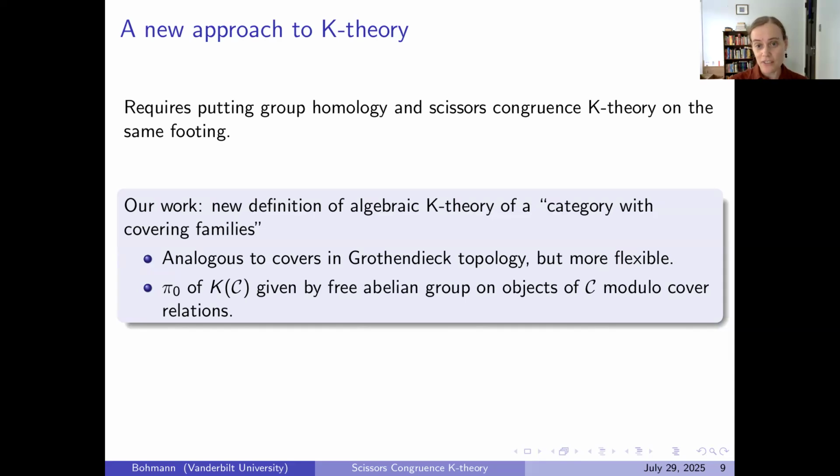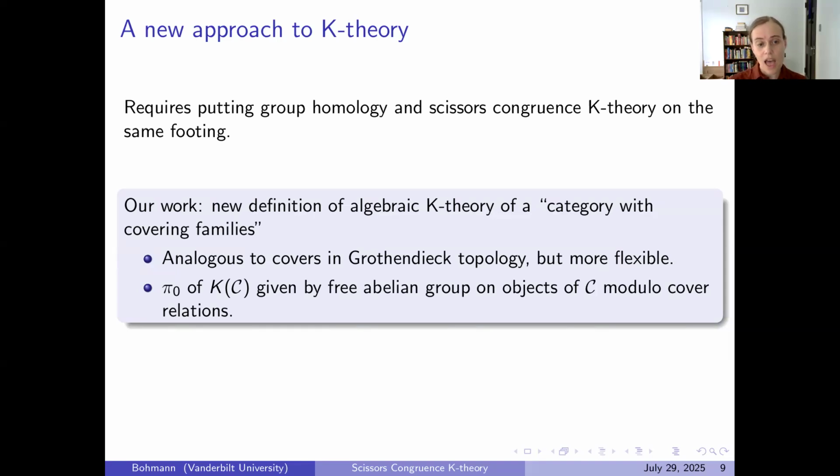We give a new definition of algebraic K-theory of input data that we call a category with covering families. I'm not going to tell you exactly what the definition is, but here's a little about how to think about it. These covering families are analogous to the covers that come up in a Grothendieck topology, but they're a little more flexible, which is what ultimately allows us to put group homology and scissors congruence K-theory on the same footing.